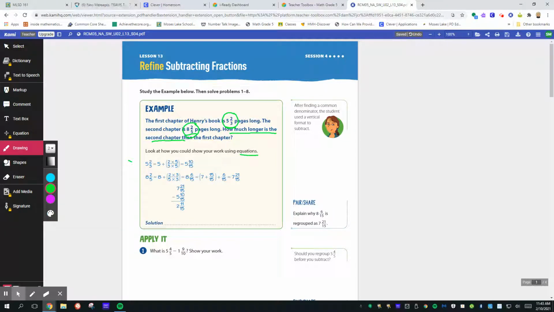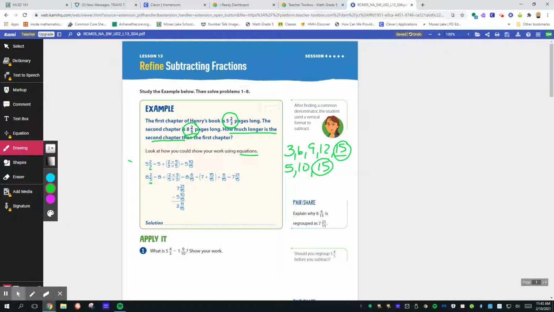So we have to come up with a common denominator, correct? If we're looking at 5 and 3, we can have 3, 6, 9, 12, 15. Oh, I recognize 15 as a multiple of 5 because all 5s end in 0 or 5. So if I go 5, 10, 15, 15 is the first one they both have in common.